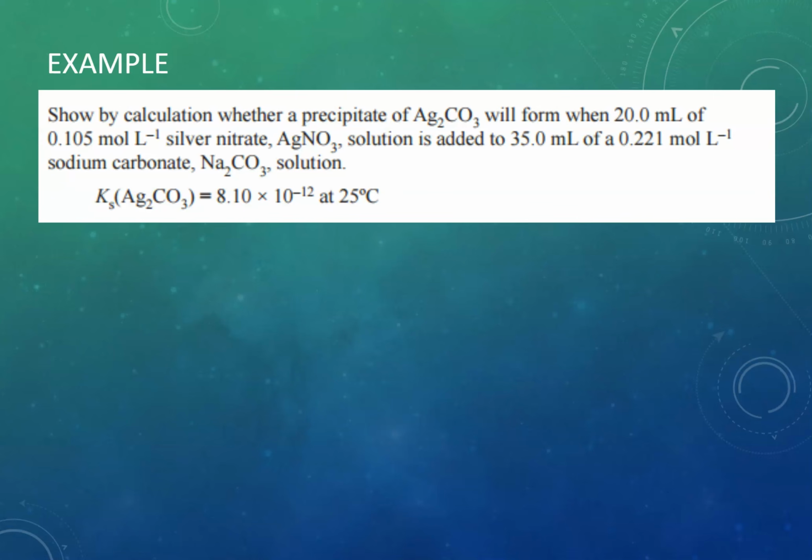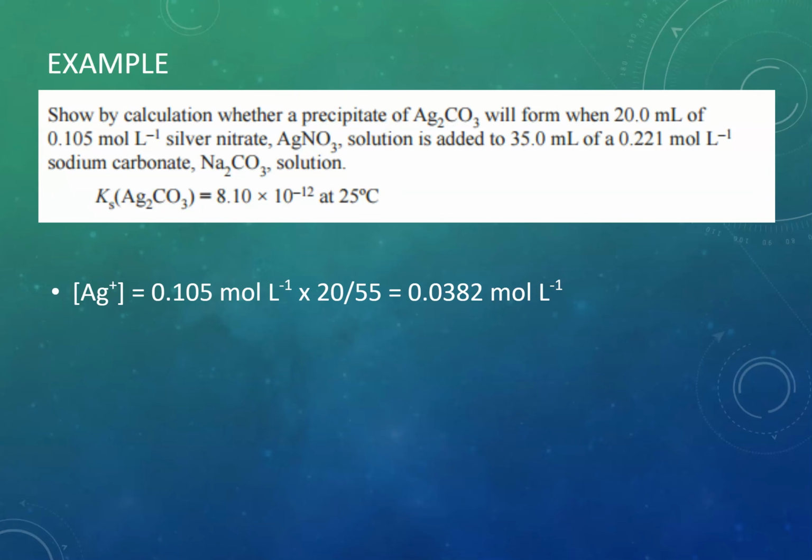The second thing you need to look at is the dilution factor. The concentration of silver ions: we've got 0.105 mol per litre silver nitrate. We've got 20 mL of that, and the total volume of the combined solution is going to be 55 mL because you've got 20 mL of one and 35 of the other. So you take the concentration of silver nitrate times the volume of silver nitrate divided by the total volume.